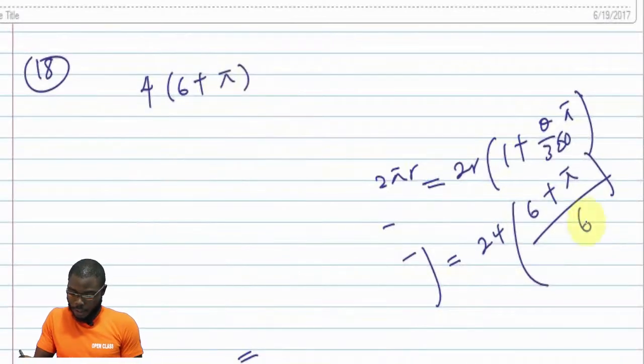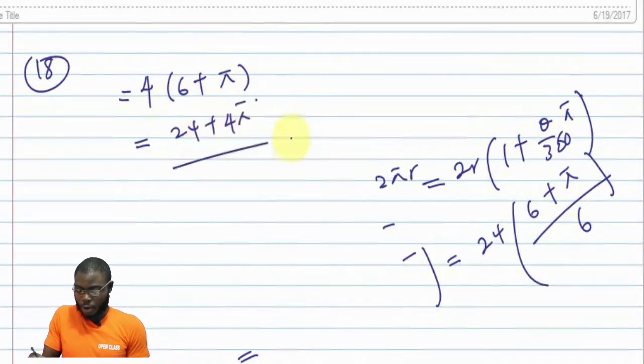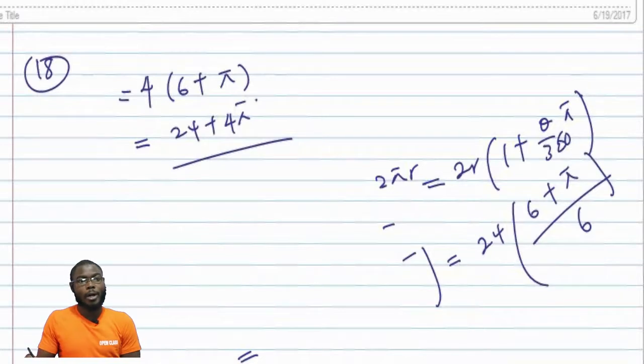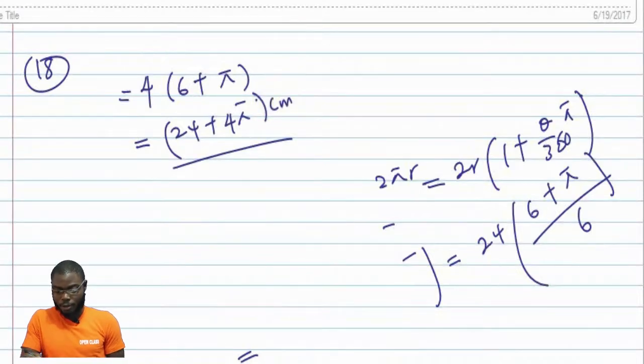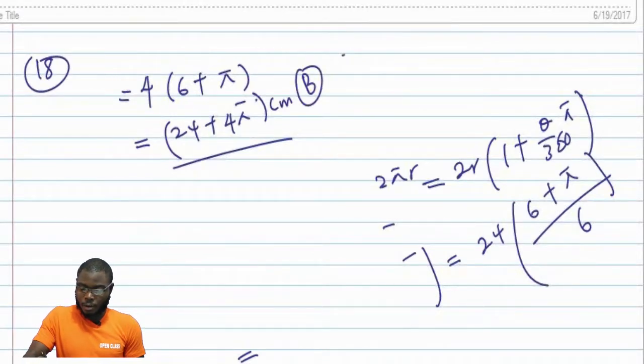This is actually the answer, but you can expand it further. 4 times 6 is 24 plus 4 times pi, which is 4 pi. So you have 24 plus 4 pi, all in centimeter. Perimeter is measured in centimeter because your radius is in centimeter. So your answer is B.